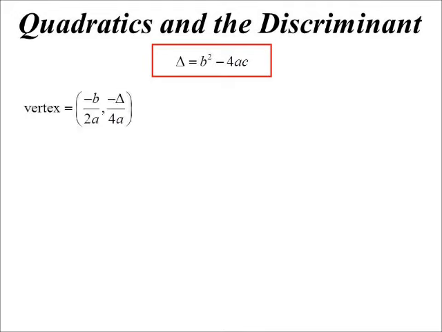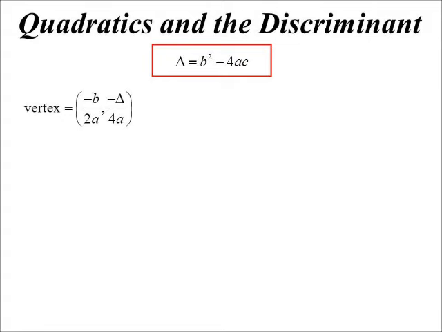There's a formula for the vertex. We know the vertex, the x value, is the axis of symmetry, minus b on 2a. The y value always turns out to be minus the discriminant on 4a. This has an advantage. If you've got one of those questions which says, find the maximum or the minimum of the function, I don't really care what the axis of symmetry is.